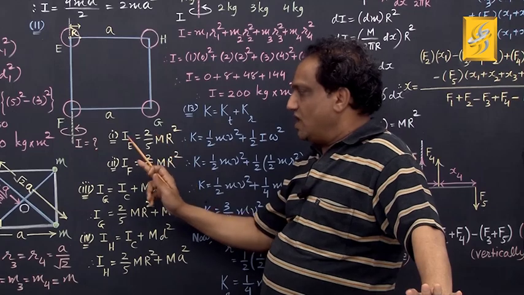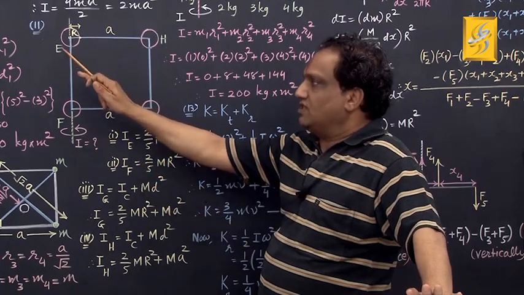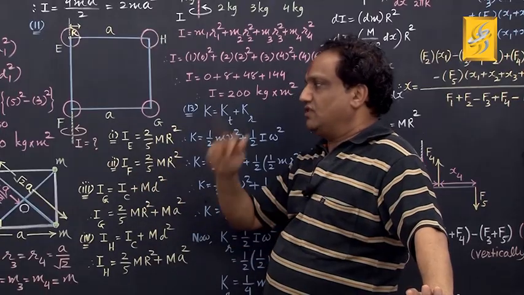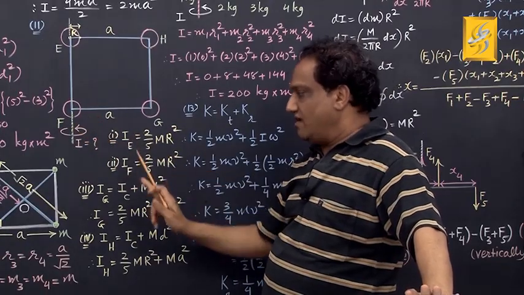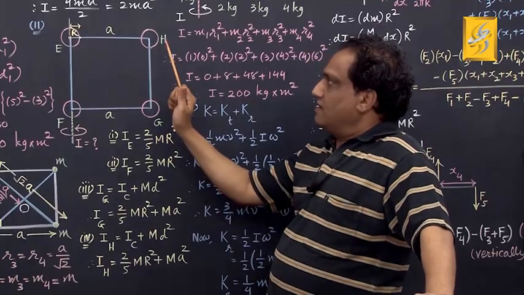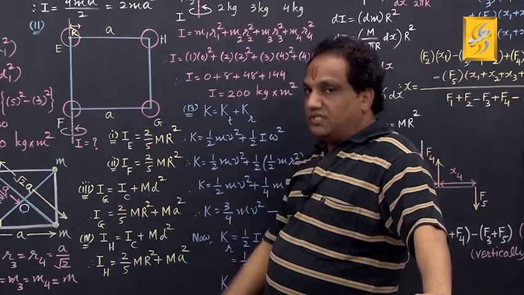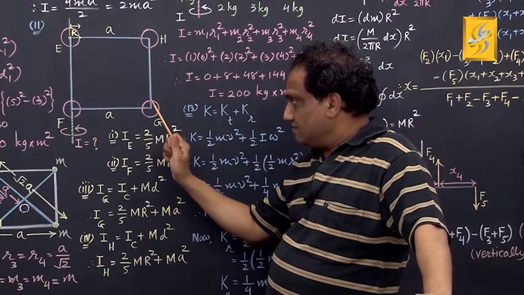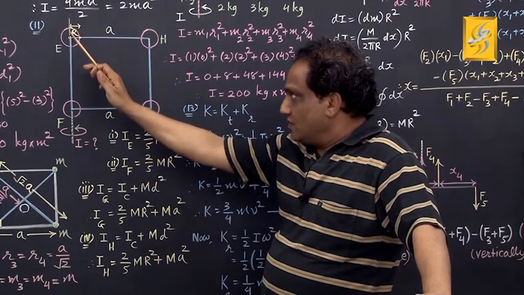Let this be shown by symbol IE, because it is for that sphere which is located at point E. Let this be shown by symbol IF, because it is for that sphere which is located at point F. But so far as this and this sphere are concerned, for them, the axis of rotation is not this. The axis of rotation is this, okay?